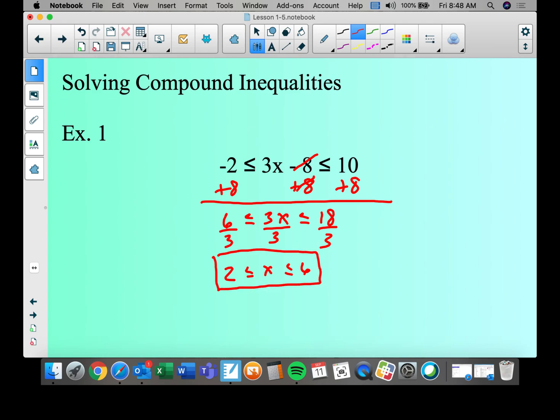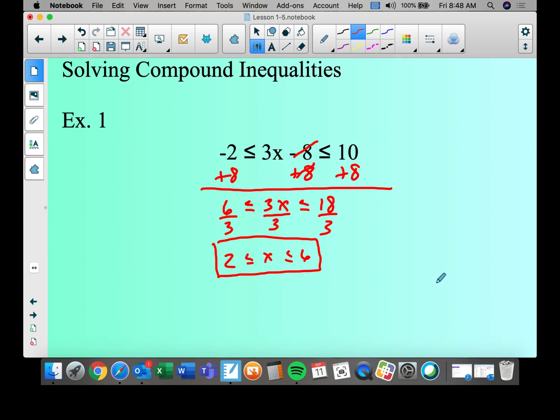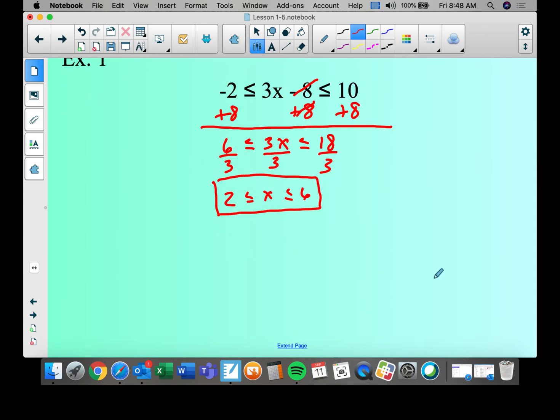And then I always would like you to go through and take that solution and put it on a number line as well. Okay? I want you to graph your number line. So here is our value of 0. Here's our value of 2. There's our value of 6. And now we can start taking a look at what we would end up with. Since both of these inequality symbols are less than or equal to, I'm going to put closed dots at each point.